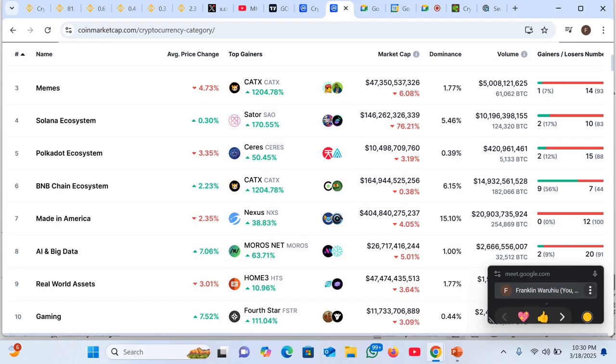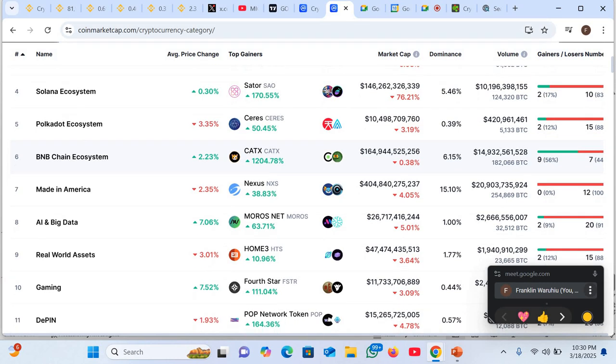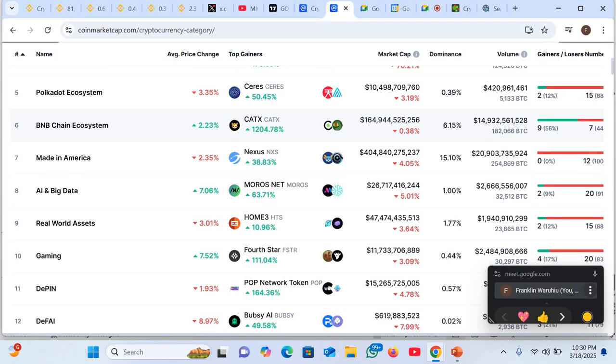That means there has been a lot of activity, and a lot of building of new products around the BNB ecosystem in the last 1 week or so.